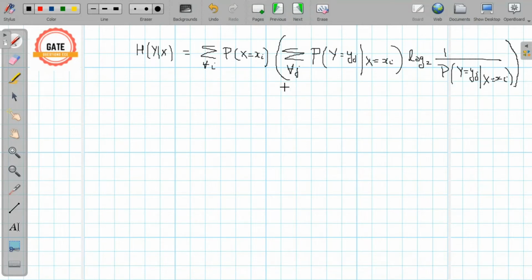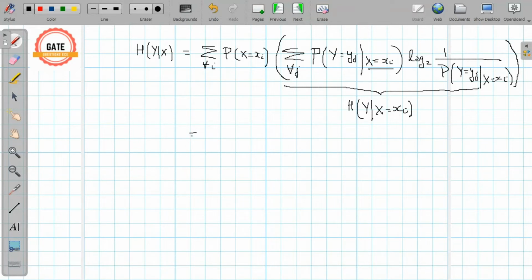So you can observe here that this expression in the bracket is nothing but the entropy of Y given X is equal to small xi. This is the transition entropy for the input X is equal to small xi.